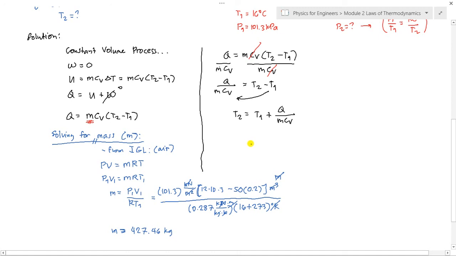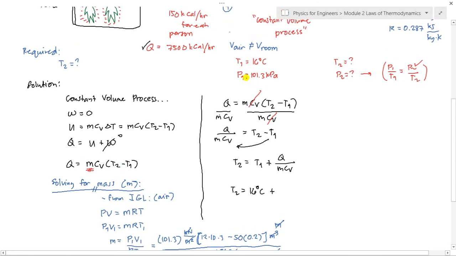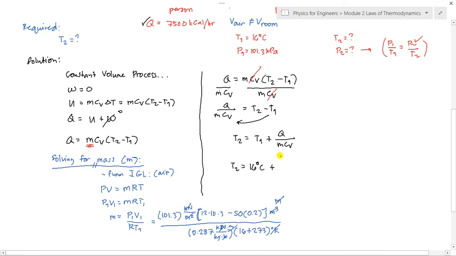Okay, so here let's substitute the values. T2 is equals to T1, which is 16 degrees Celsius, plus our Q based on the given, that is 7,500 kilocalorie per hour. We need to convert this to kilojoules.